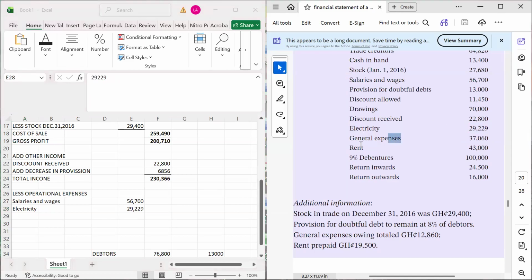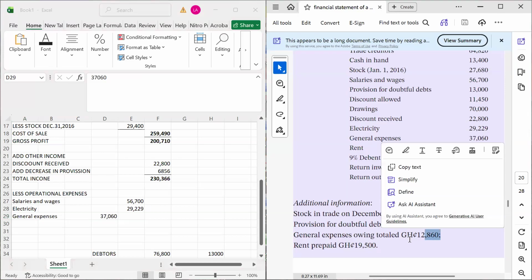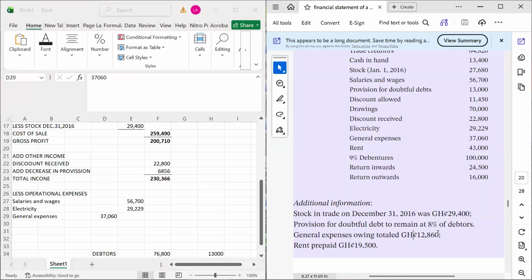The next expense is general expenses. Now look at something. When you see the note here, it says that general expenses owing total this. So we know this is the general expense. We drop it here because there's something about it. The additional owing, I explained the owing to you the last time.